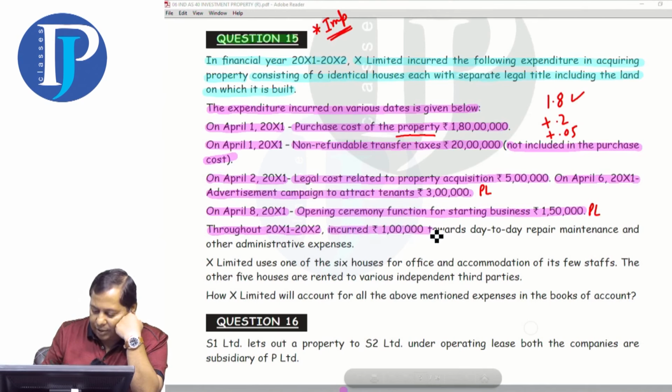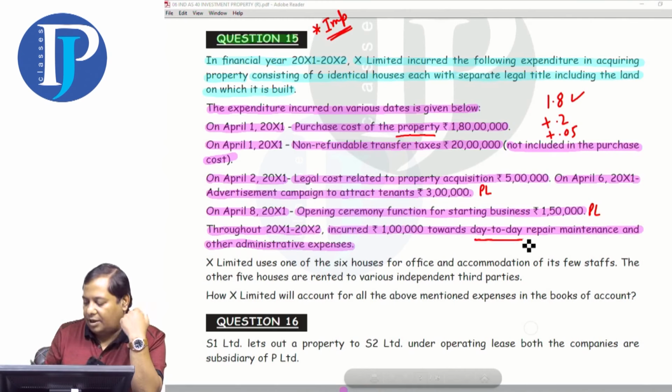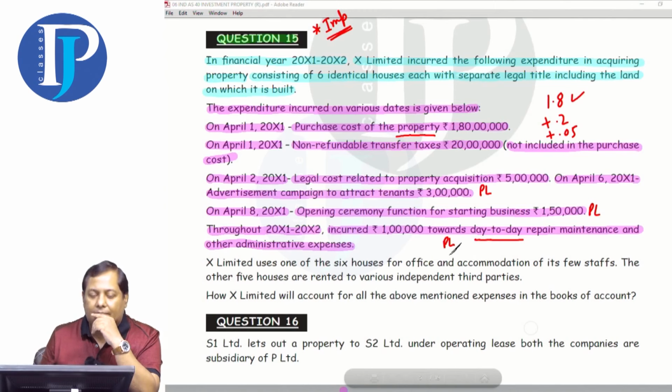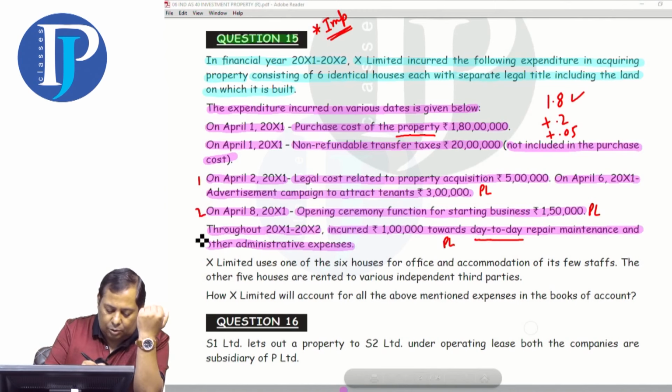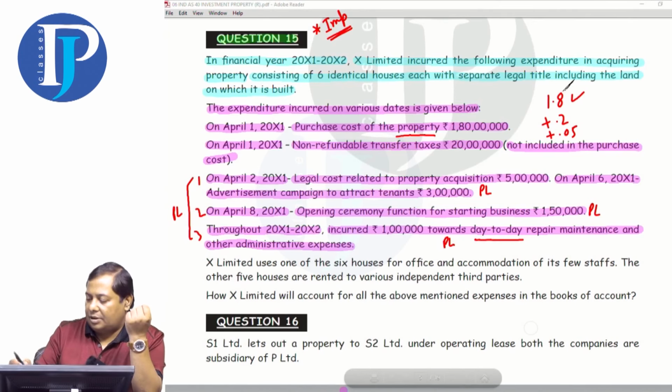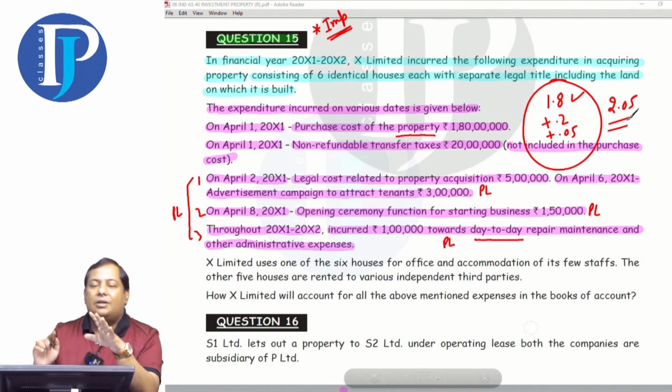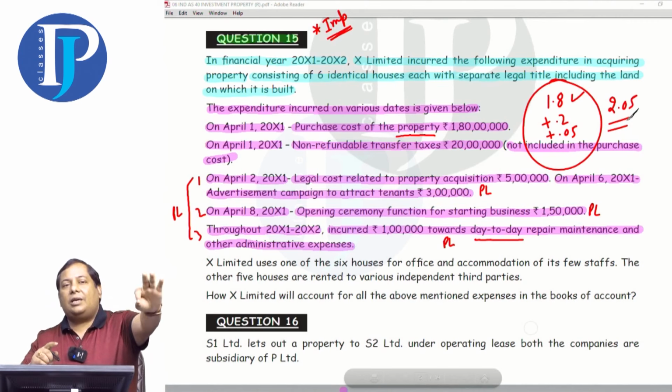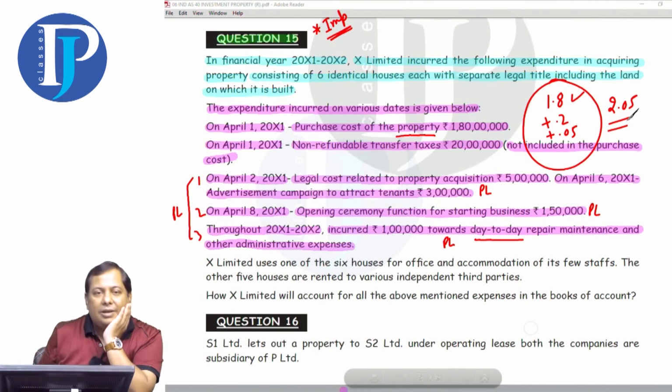They have spent 1 lakh rupees towards day-to-day repairs, maintenance and other administrative expenses. If this is day-to-day, then it will go to the P&L, like cleaning the property. So 1, 2 and 3, all 3 will go to the P&L. This means I will add up these 3. This is a total of 2 crore 5 lakh rupees. This is my cost. They are 6 amounts. 3 will be capitalized and 3 will be recorded in the P&L.